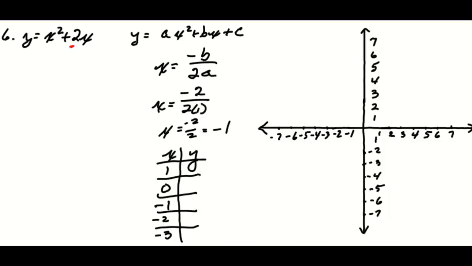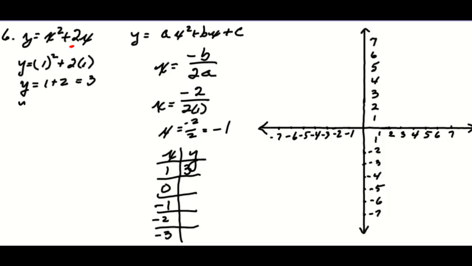Once we've done that, we plug our values for x into our equation. y equals 1 squared plus 2 times 1. That's y equals 1 plus 2, which is 3. So that's a 3 down here.